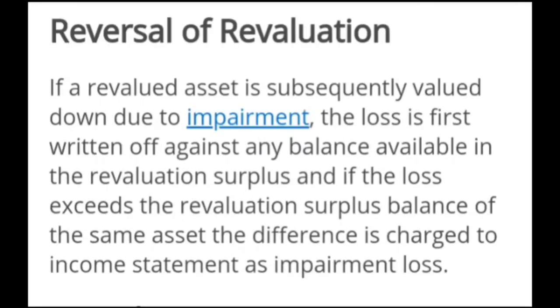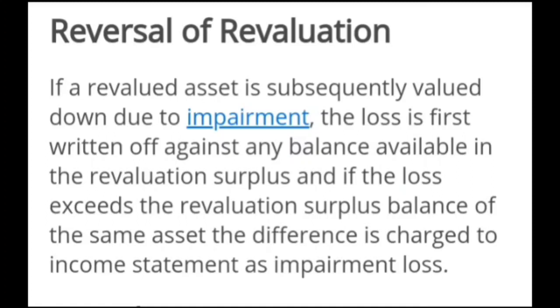Now, reversal of revaluation. If an asset is subsequently revalued and, compared to the market value, its book value is declining or is below its previous value, then we will record it as a reversal of revaluation.